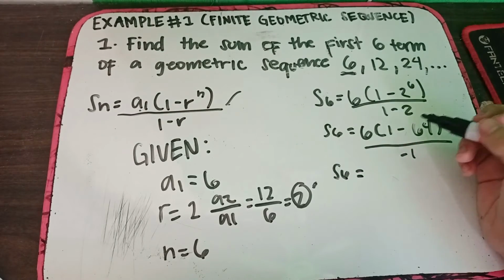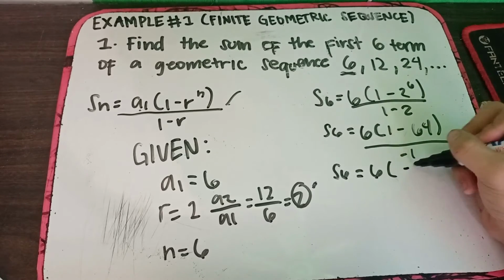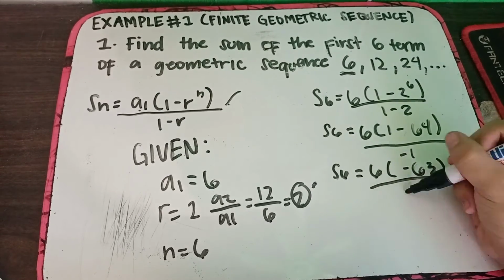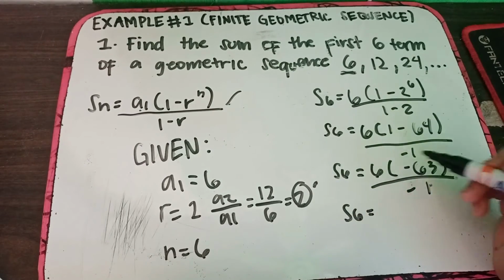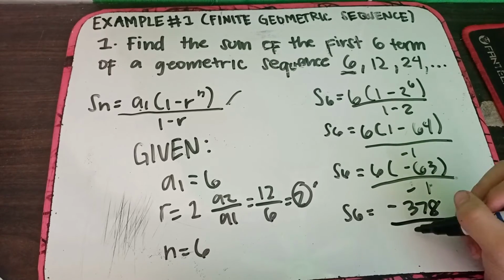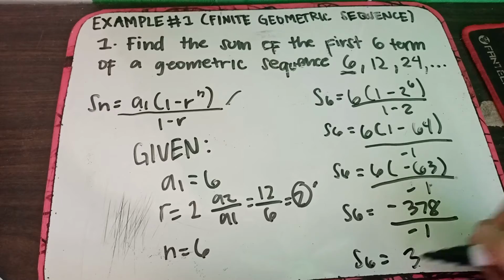S sub 6 equals 6 in parenthesis 1 minus 64 is negative 63 over negative 1. S sub 6 equals 6 times negative 63 is negative 378 over negative 1. So our S sub 6 is positive 378.